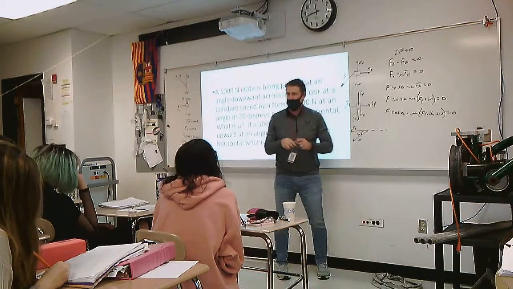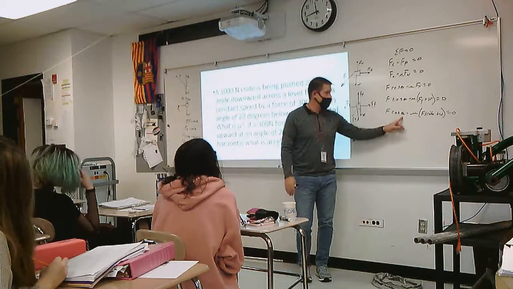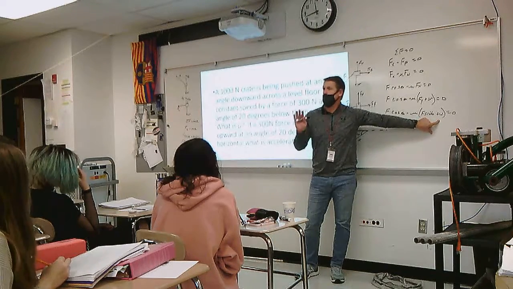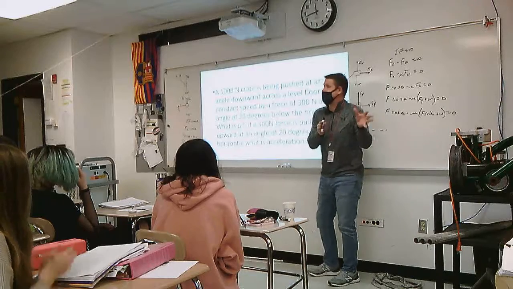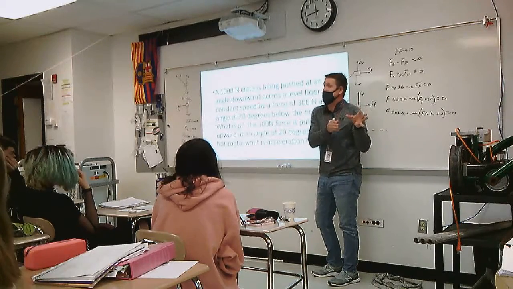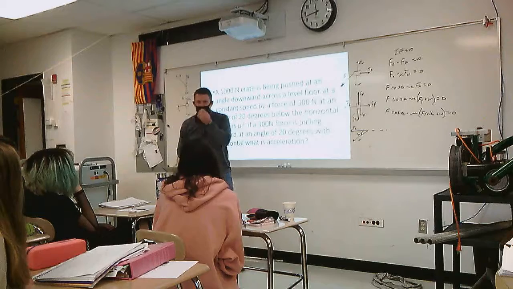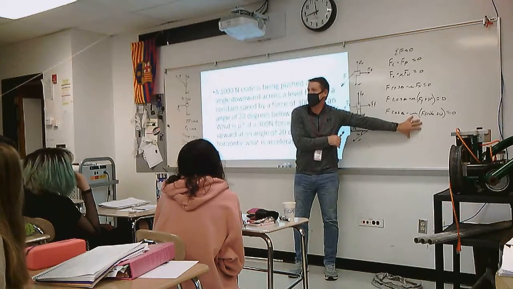Okay, same process. Looking for mu. It's okay that we don't know that. 20 degrees, 20 degrees. Do we know the value of the weight of the crate? Lots of times we have to substitute m times g. Do we have to do that here? No, because 1,000 Newton crate, that's the weight of the crate. Do we now know everything we need to know to figure out mu?